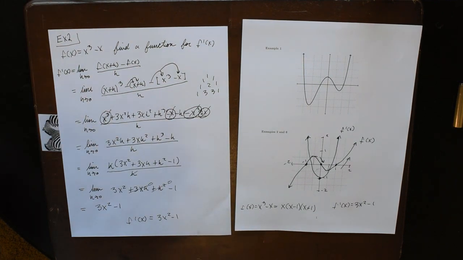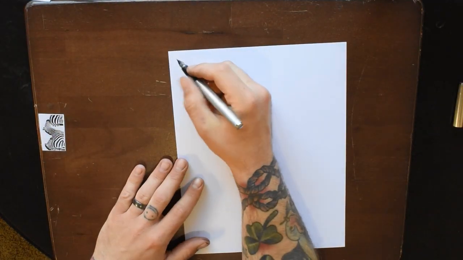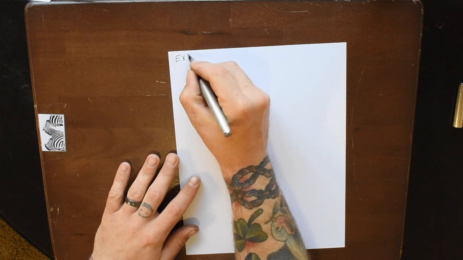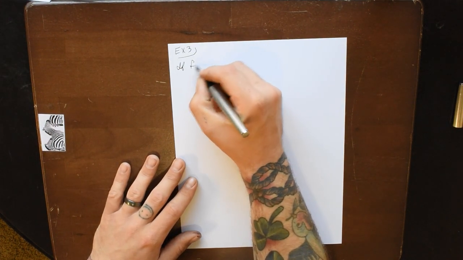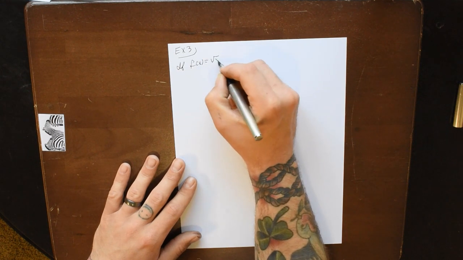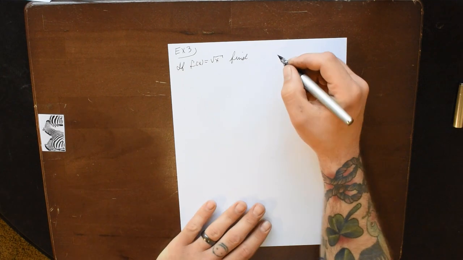So let's do another example. And we'll use that piece of paper again shortly. This will be example 3. And we will say if f of x is equal to the square root of x, find the derivative of f.